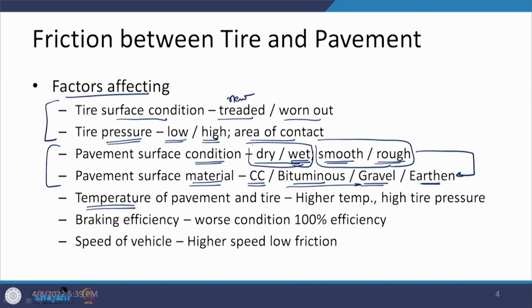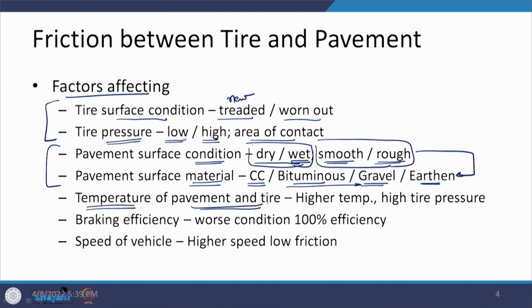One point which we need to talk about is the temperature effect, and this temperature effect is for both the pavement as well as the tire. Now, looking at these two components, pavement and tire, because of the solar radiation the pavement will keep getting heat, there is an accumulation of temperature and the temperature will become even more than the air temperature here.